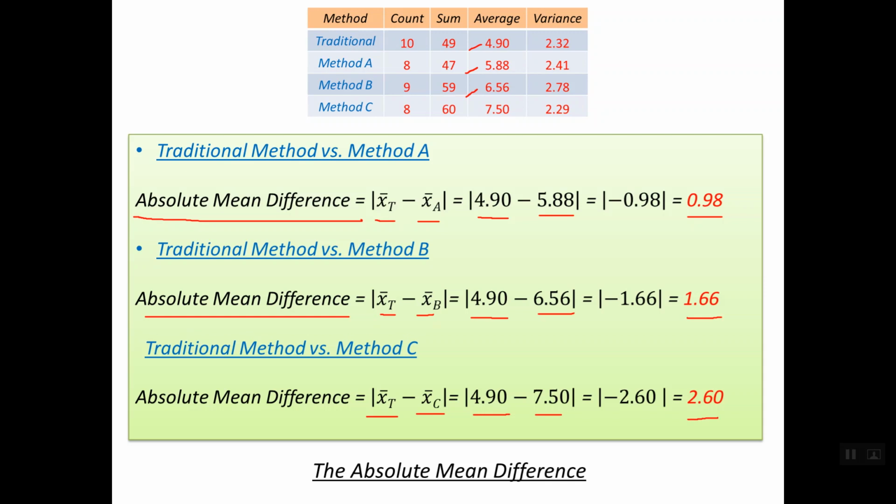So we have here three differences in the groups, or the different methods, in comparison with the traditional one. We need to test for this absolute difference regarding the significance or non-significance.